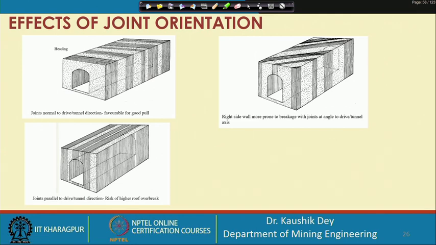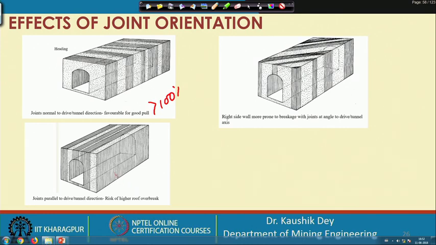So, you can understand this is the effect of the joints. If the joint sets are parallel, obviously, as we discussed last class about the pull, you will get good pull, because it is a very favorable condition, and you can even have more than 100% pull in this case.